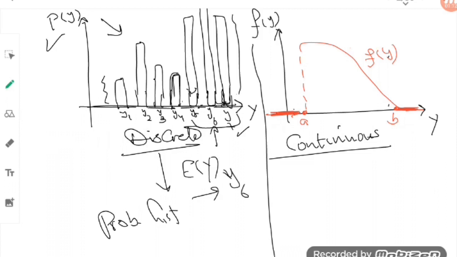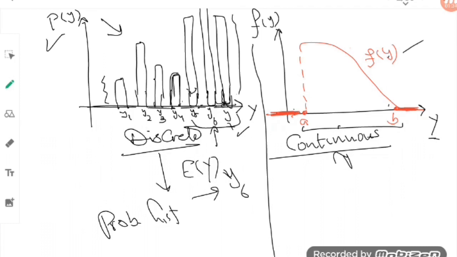In the continuous case, we are also making something like a weighted average, but here y doesn't take certain values. Y takes values over the range over which the PDF is defined.